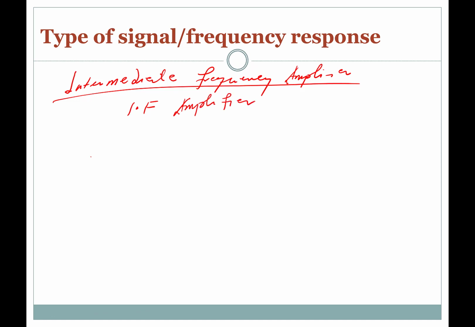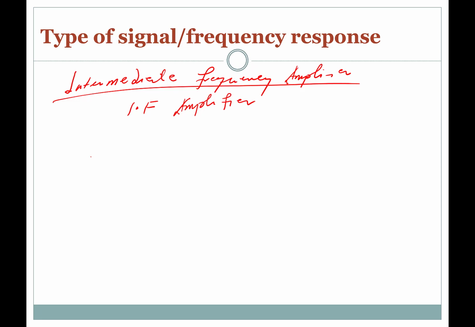Now, the intermediate frequency amplifier operates at a frequency lower than that of the radio frequency signals, but it's also higher than that of the audio or video signals. The frequency at which intermediate frequency amplifiers operate and the bandwidth of the amplifier depend on the type of equipment.